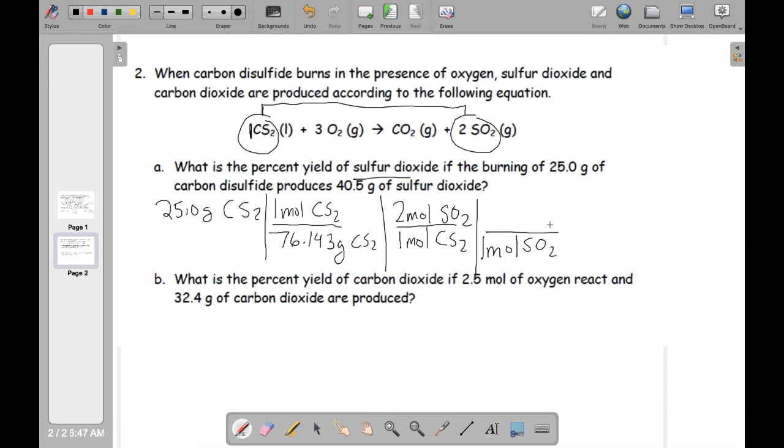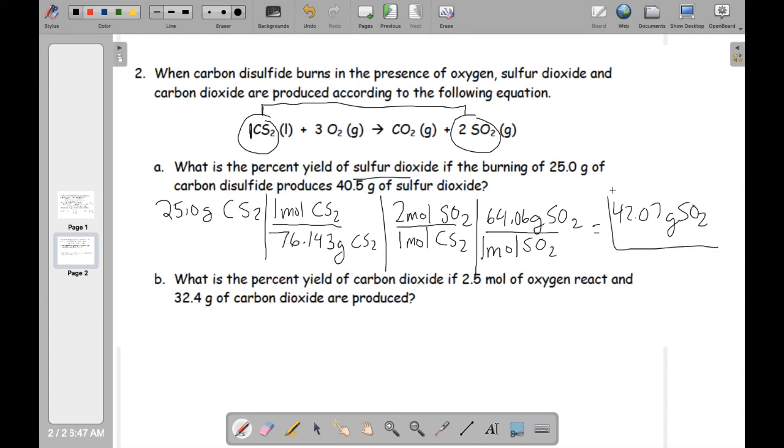I'll go find the molar mass of sulfur dioxide, which is around 64.06 grams of sulfur dioxide. Now, if I do this math, I'm going to end up with around 42.07 grams of sulfur dioxide.